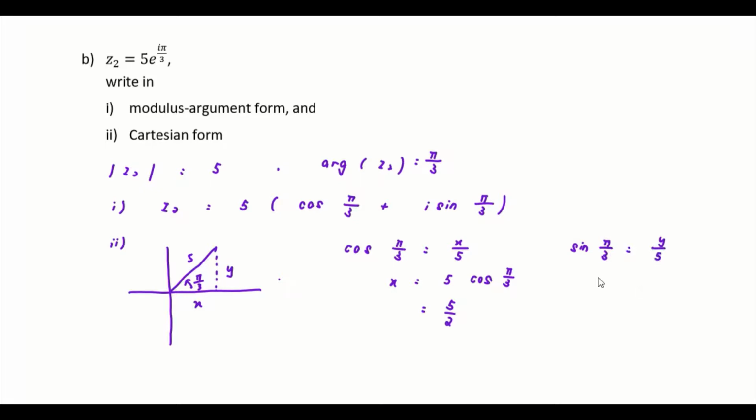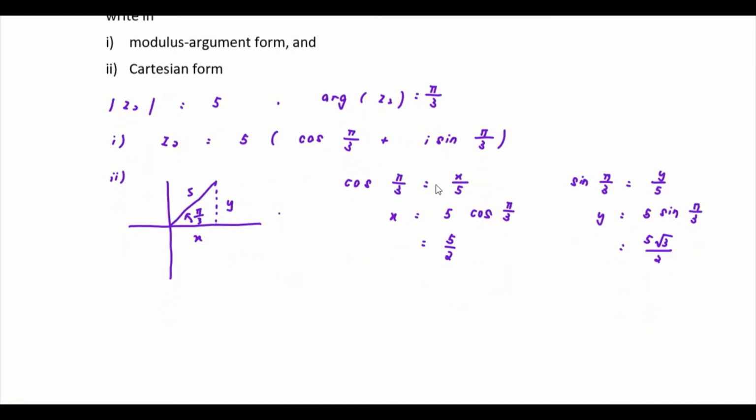So O over H. So y is equal to 5 sine pi over 3, which will give me 5 square root 3 over 2. Okay, so after you get this, you know what the length is here. Both are going to be positive numbers, so we don't need to make any changes there.